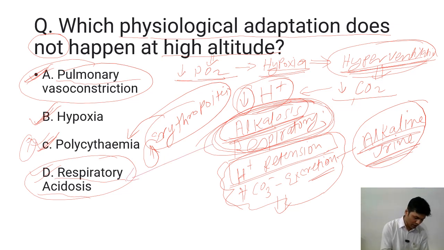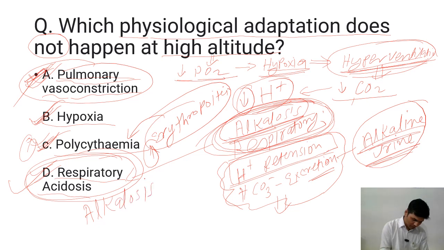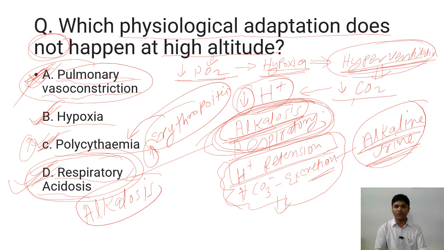Pulmonary vasoconstriction will also be there, because other vessels will have vasodilation and the pulmonary vessels will have vasoconstriction due to hypoxia. Polycythemia will be there, but not respiratory acidosis; it is respiratory alkalosis. So this is not going to happen, and this is going to be your answer.